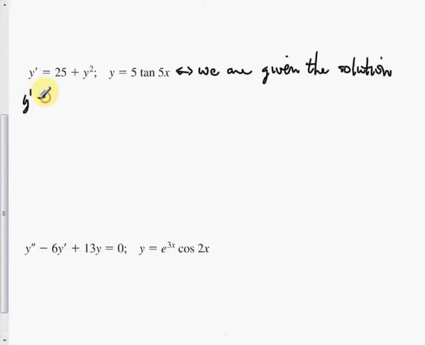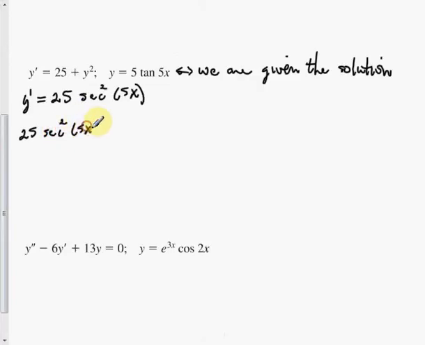So y prime is 5 times secant squared 5x, times the derivative of 5x, which is 5. So 5 times 5 gives us 25 secant squared 5x. We replace in the equation the y prime with 25 secant squared 5x, and the y with 5 tangent 5x.